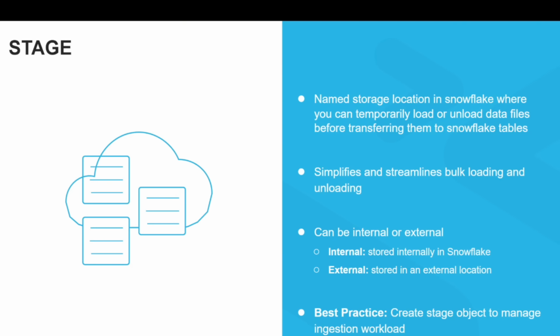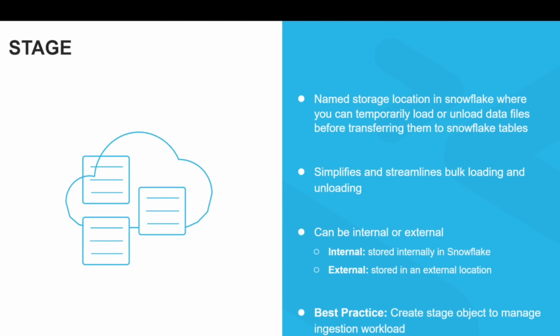So a stage is a named storage location in Snowflake where you can temporarily load or unload data files before transferring them to Snowflake. It helps simplify and streamline the bulk loading and unloading process inside Snowflake. The stages in Snowflake can be either an internal stage or an external stage.